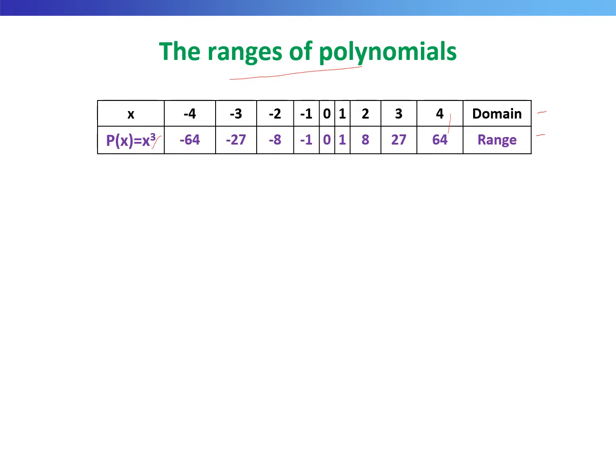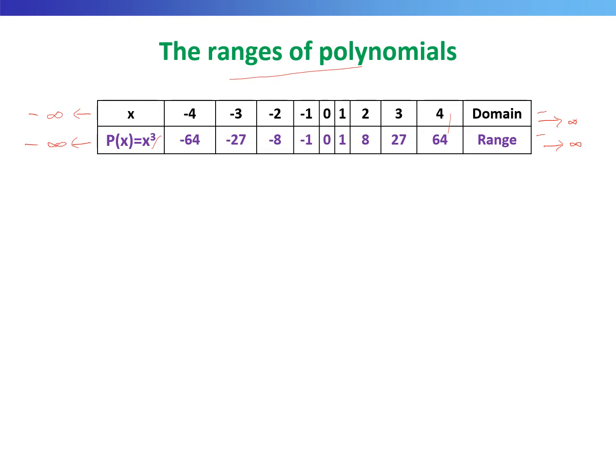Having stated so, if the domain continues to increase to plus infinity, then the range will continue towards positive infinity. On the other hand, if the domain continues from the left to negative infinity, then the range will also continue to the left to negative infinity.